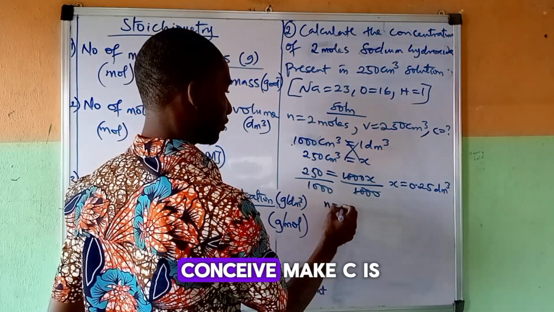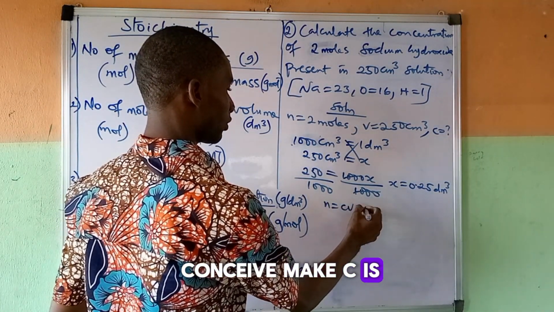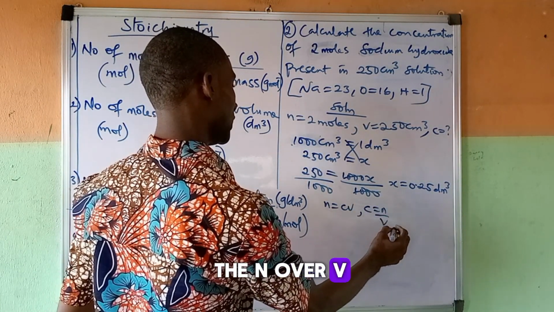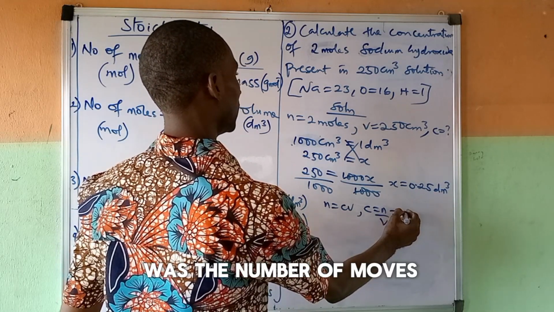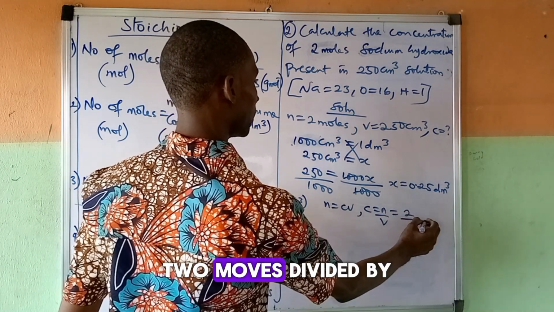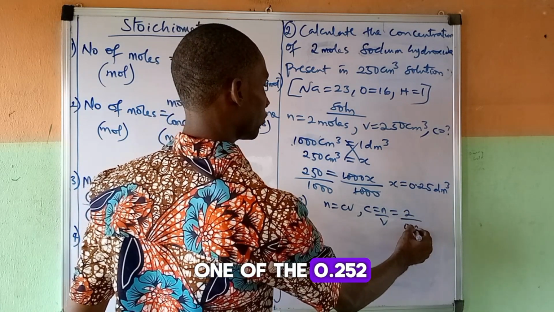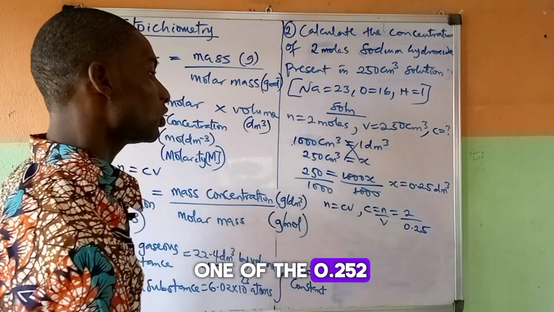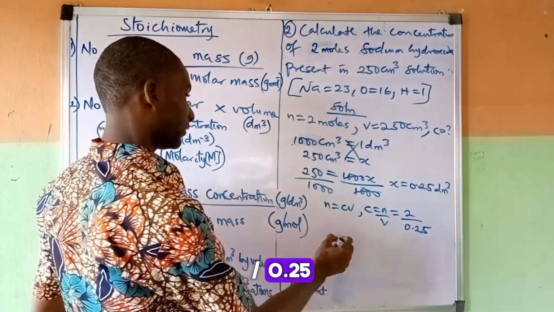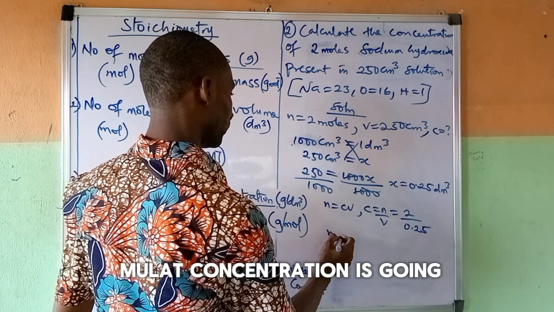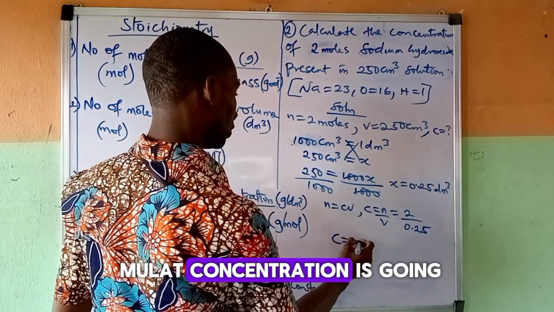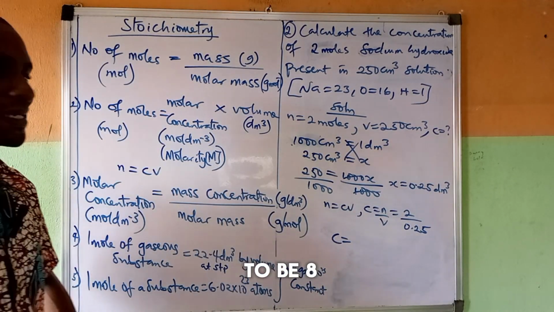You just say N equals CV. Make C the subject. C will be N over V, and that will be, what's the number of moles? 2 moles divided by volume, which is 0.25. 2 divided by 0.25. So our molar concentration is going to be 8.